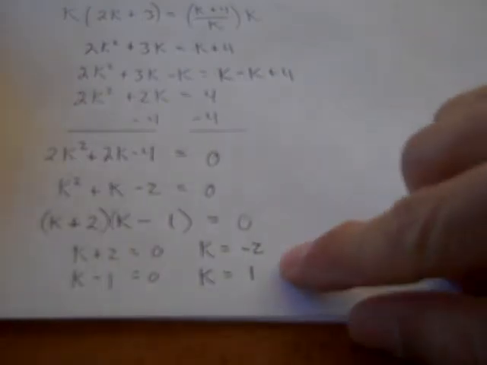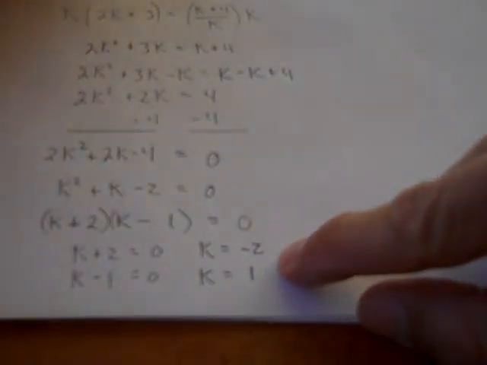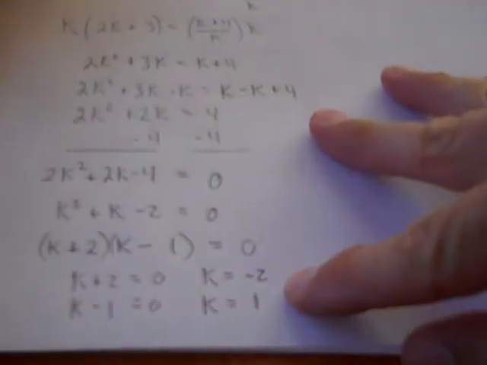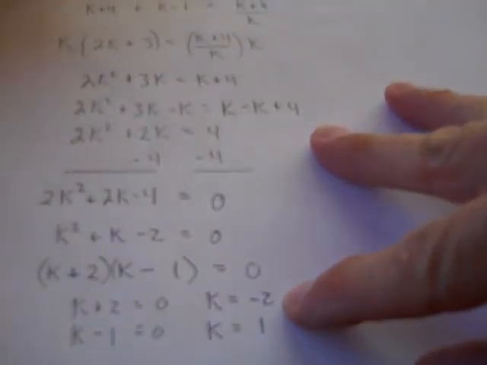Okay, so if we go back and plug these values into the original equation, starting with negative 2: (K plus 4) over 4 plus (K minus 1) over 4 equal to (K plus 4) over 4K.